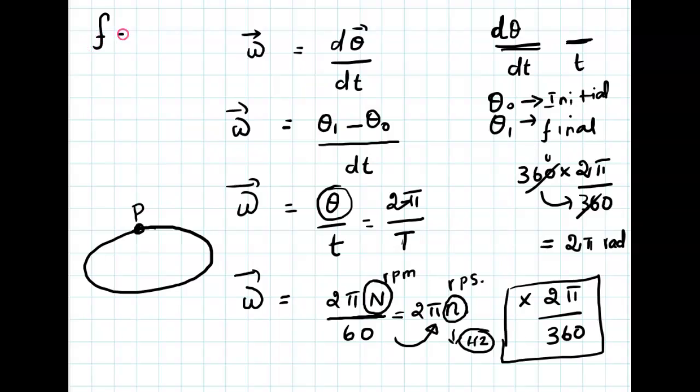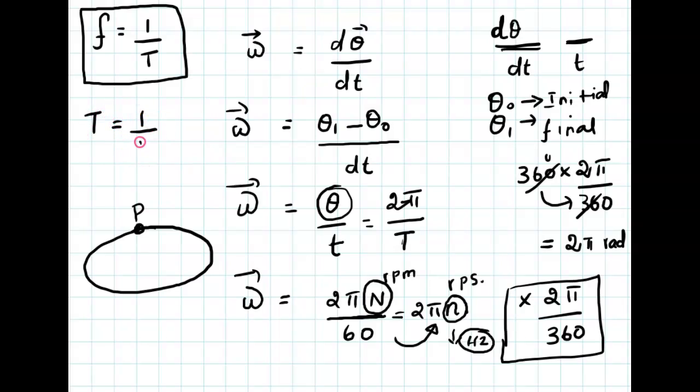And frequency is equal to 1 over time period. Time period and frequency are inversely proportional: time period is equal to 1 over frequency.